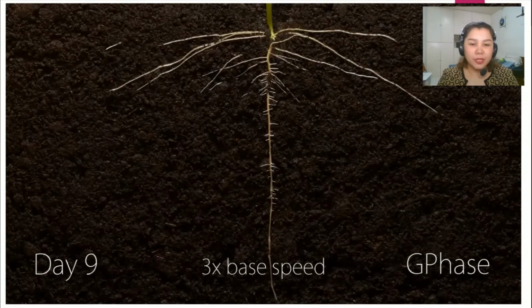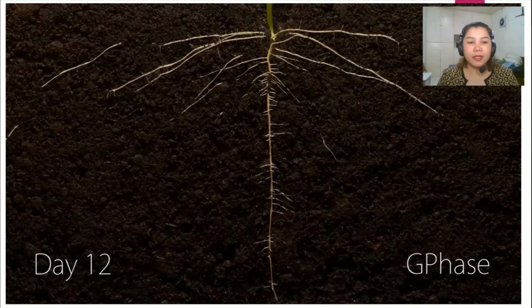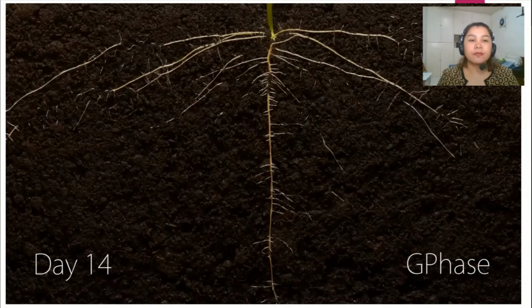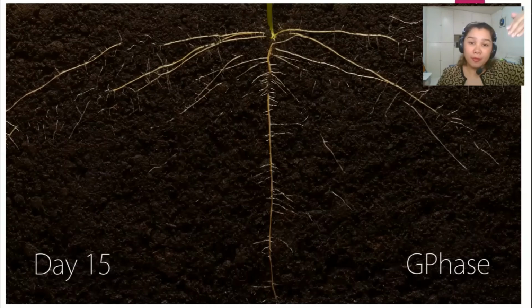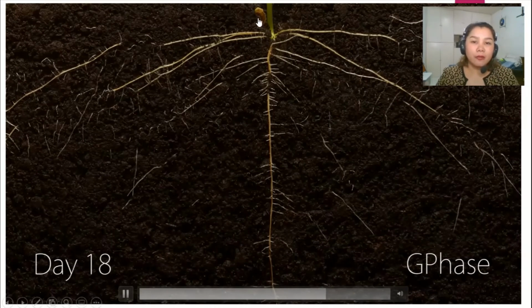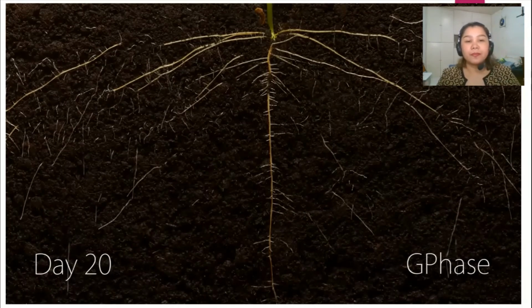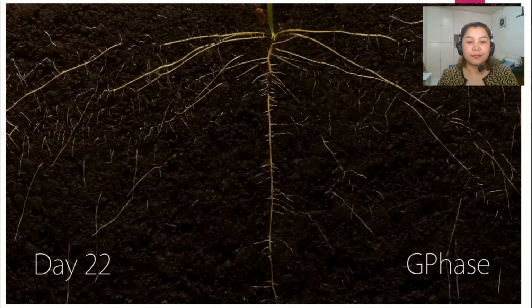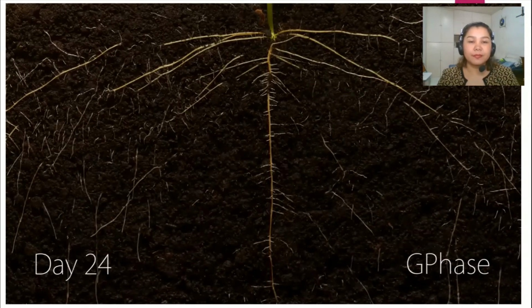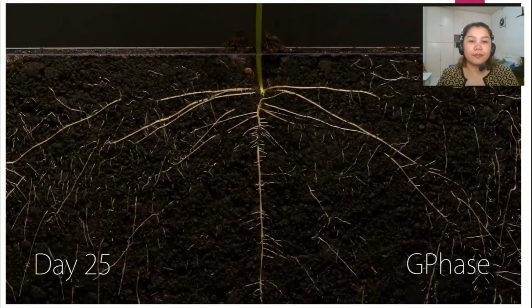And then, the roots are also shown to you from day 8. They start to spread out, so not only downward. This one, the brown one, is the seed coat, it has fallen off.